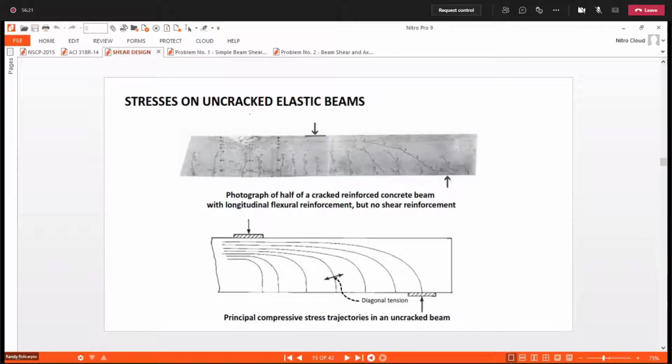But actually, it starts with this. Na-observe nila bakit ganyan yung mga cracks. Then eventually, through analysis, dito nila na-derive o dito nila na-establish yung theoretical background niya, why is it the cracks are diagonal in direction.